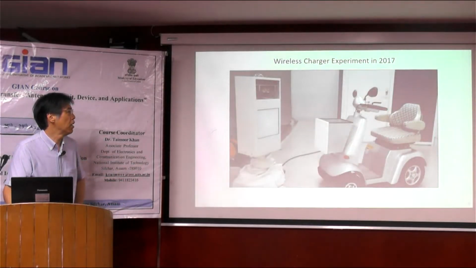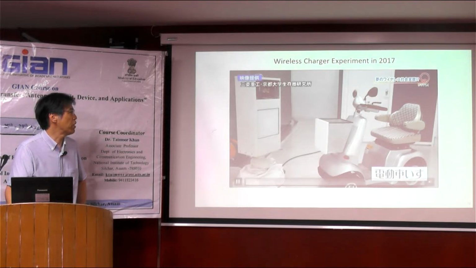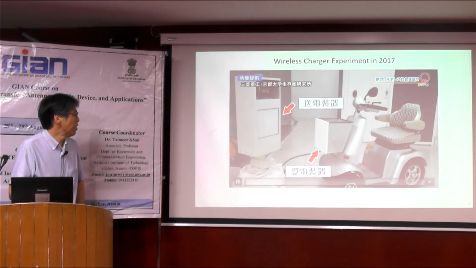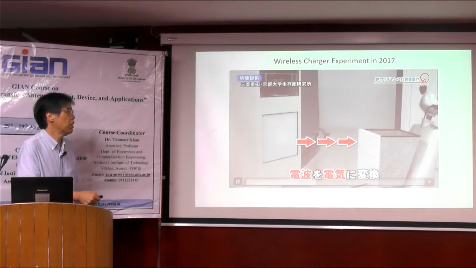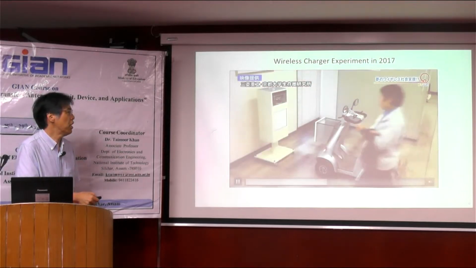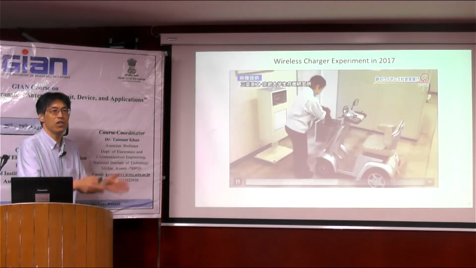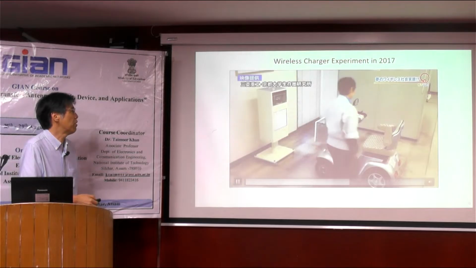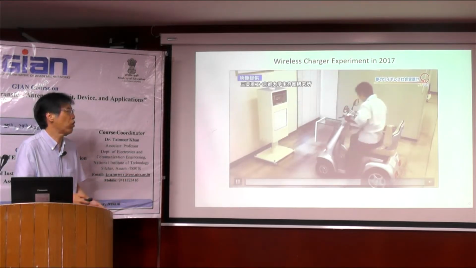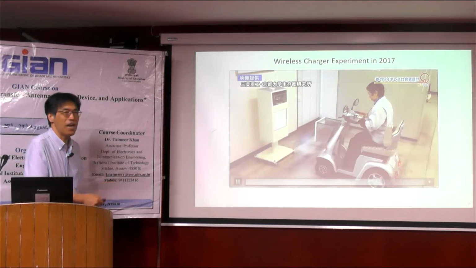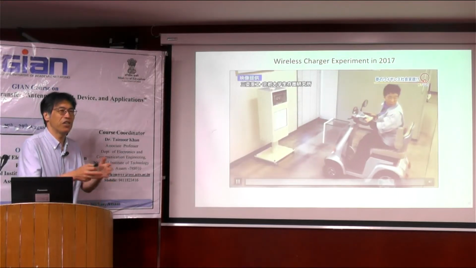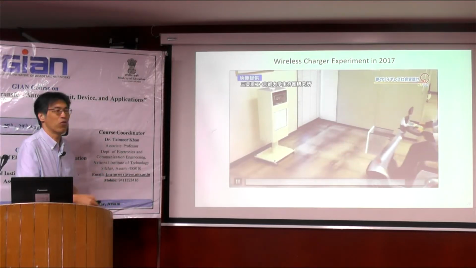And this is a movie of this wireless charger. Sorry, it is in Japanese. This is a transmitter, and this is a receiver. You cannot see any antenna, but inside this whiteboard there was a wireless transmitting antenna. So automatically, across this distance, we charge this electric bicycle.